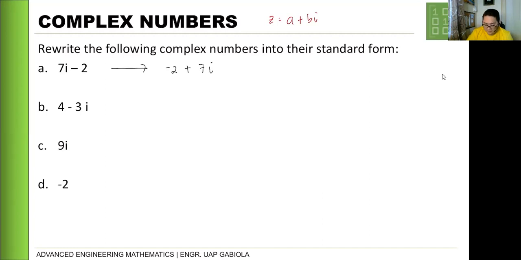Okay? Next, we have 4 minus 3i. Pero as we can see, it's already in the standard form. Pero to be more practical, we can represent it as 4 plus negative 3i. Okay? Kasi ang common mistake kapag halimbawa pinahanap sa atin yung imaginary part ng ating complex number, minsan, ang sinasagot ng student is 3 lang, no?